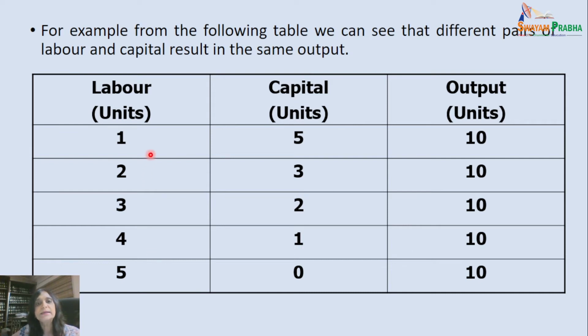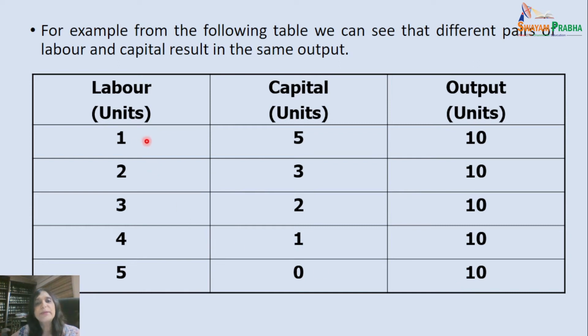What do we see here, learners? If you see carefully, as you are increasing the number of units of labor, the number of units of capital that you are using is falling. It is decreasing. So all the 5 combinations listed in this table of labor and capital are producing the same level of output.